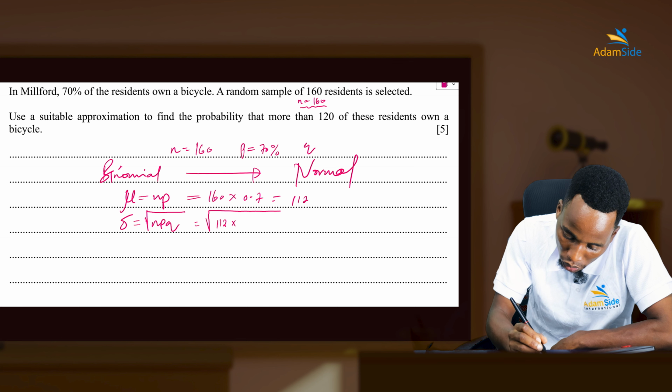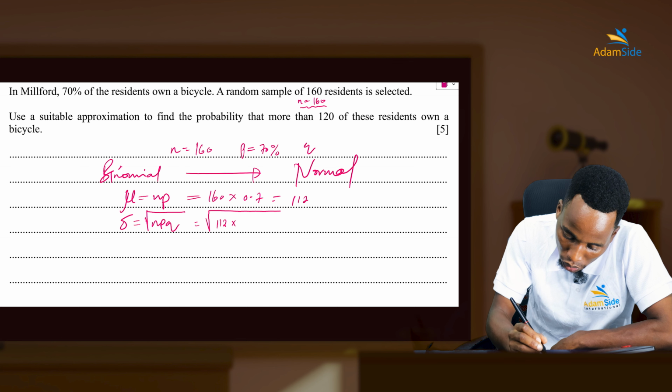So times 0.3, it's the square root of 33.6. Always remember the standard deviation; we are supposed to give an exact form, with no need of approximation. From here, it is already distributed normally, since we have mean equal to 112 and standard deviation the square root of 33.6.